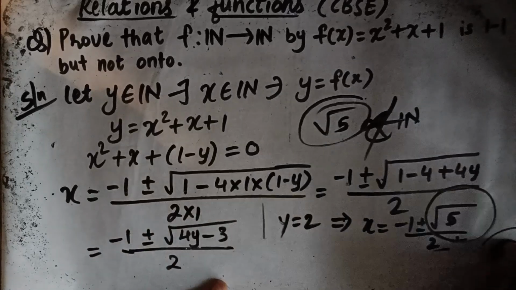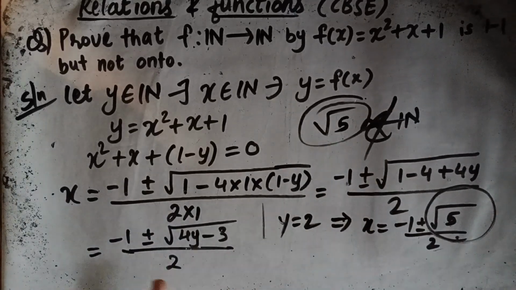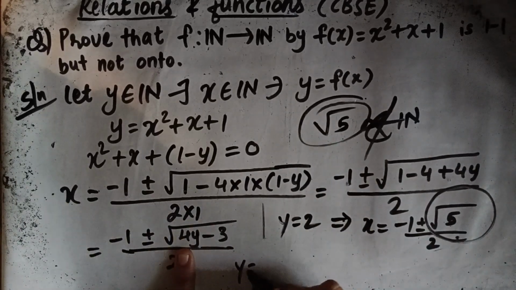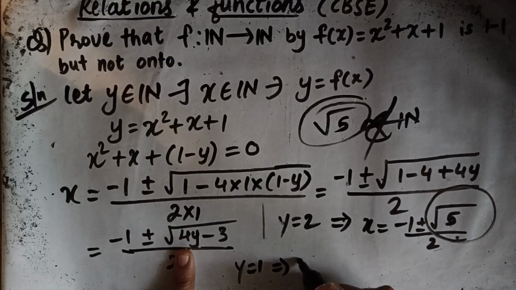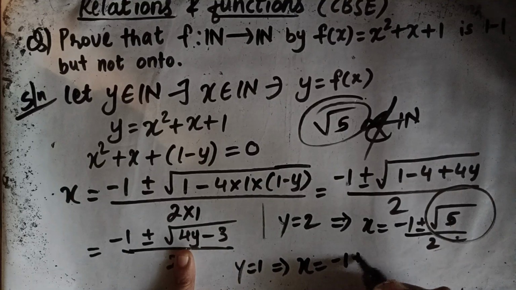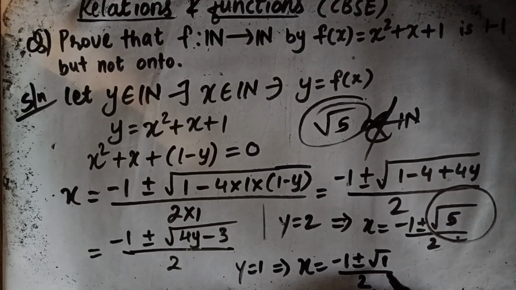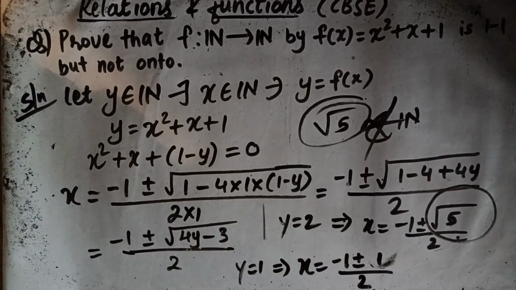If you take y equal to 1, then you will get minus 1 plus or minus root of 1 upon 2. Root of 1 we can write as 1, so we will get some number.